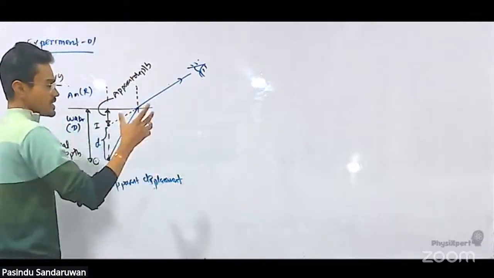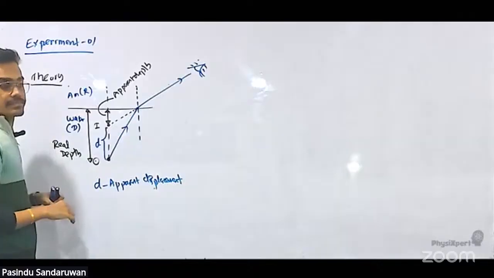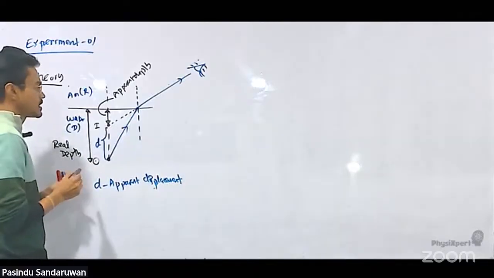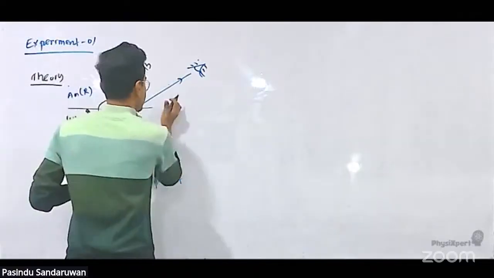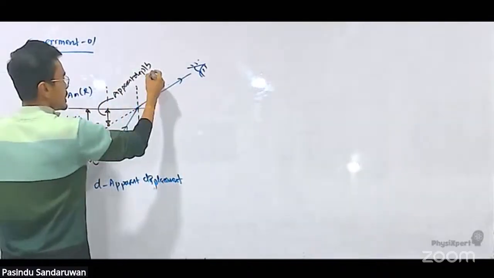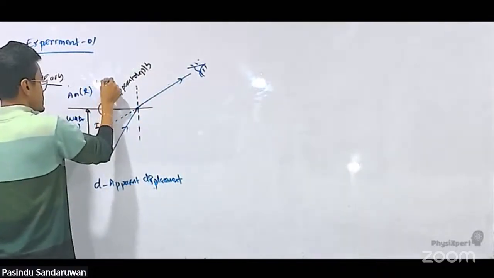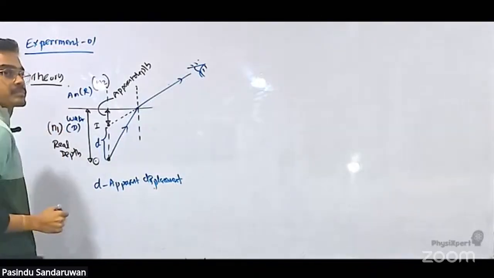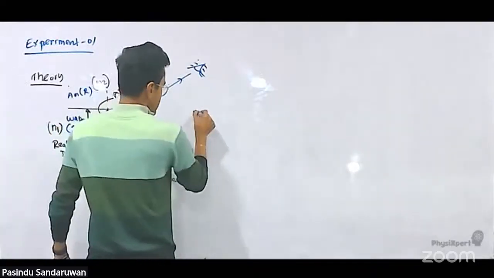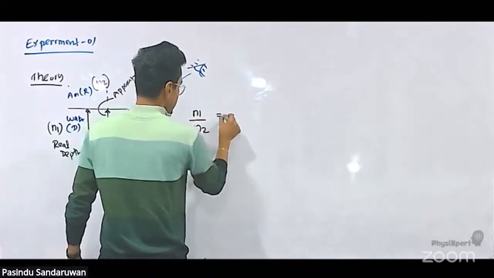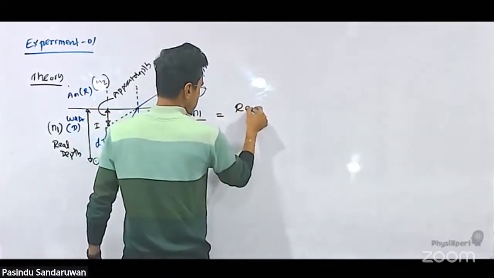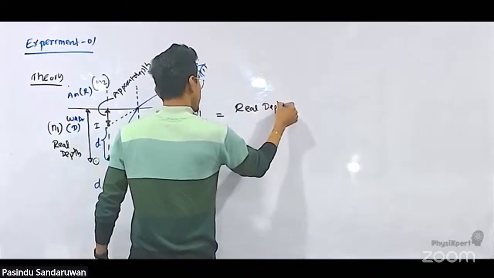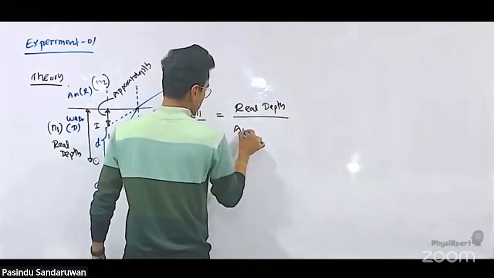Using this, we have proved this equation. I'm not going to prove the equation now, I'm just recalling the theory. If the refractive index of this medium is N2, and the refractive index of this medium is N1, the equation is N1 over N2 equals real depth over apparent depth.